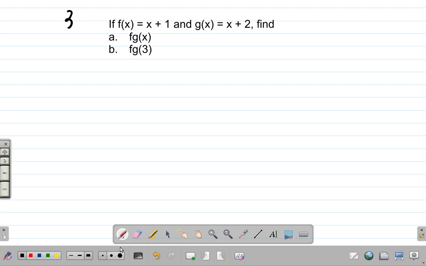Here now, f of x is x plus 1, g of x is x plus 2. Find fg of x. Alright, let's go. So part A says fg of x.